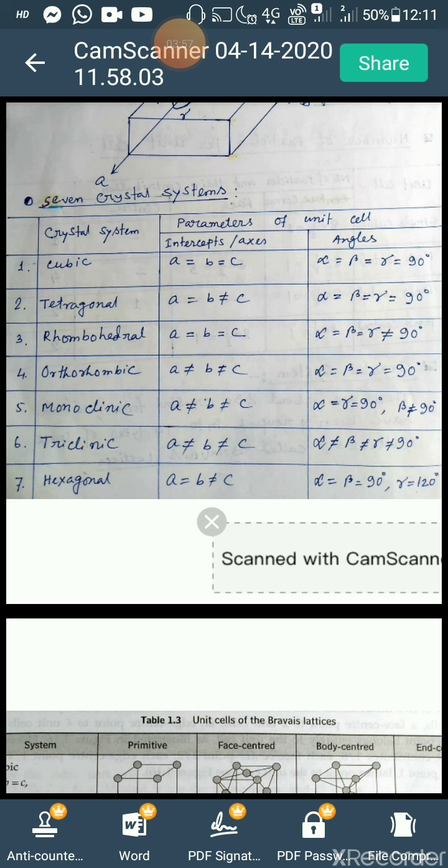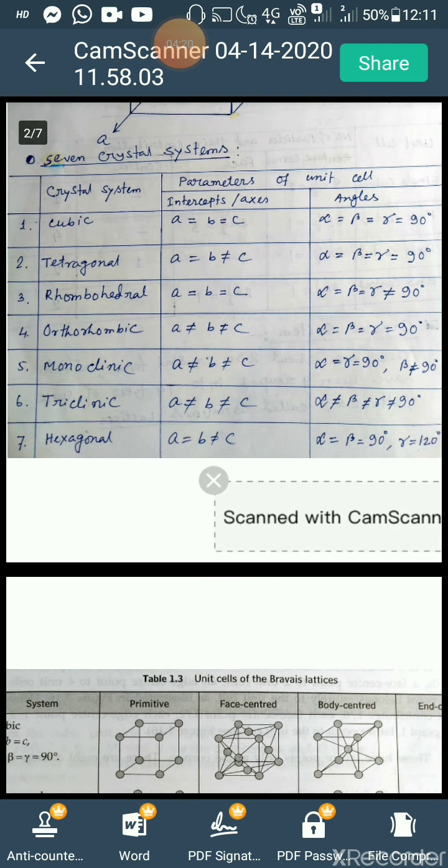So in the exam, the question will appear like this. You will be given the values of the intercepts, that is a, b, and c, and the relation between alpha, beta, and gamma. The question will ask which crystal system it is. So you have to remember the intercepts and angles, and the relation between them.